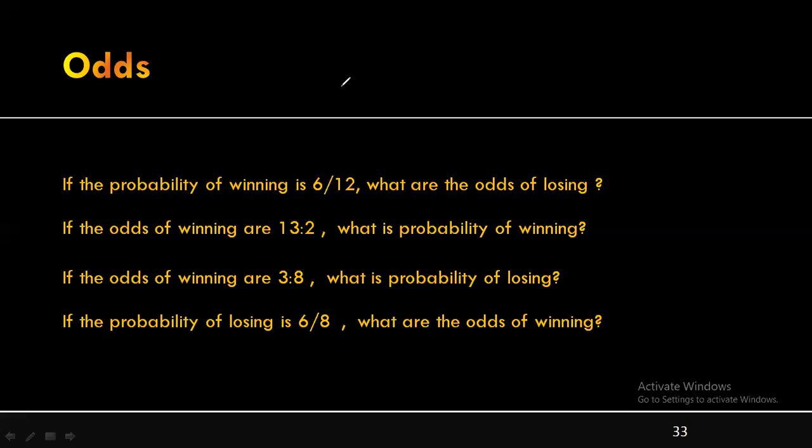Okay, so how do I solve this problem? Let's say the probability of winning is 6 out of 12, which is 1 over 2, so it is 0.5. There is a 0.5 probability of winning. That means if you play 12 times, you expect to win 6 times. So what about losing? The remaining 6 is losing, right?